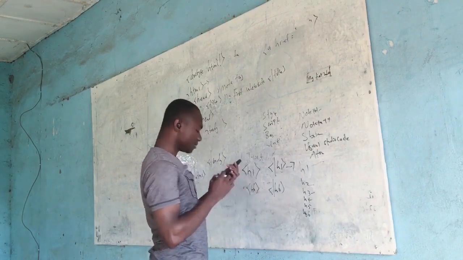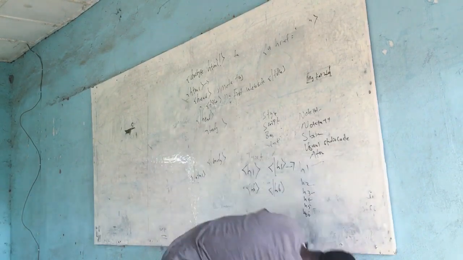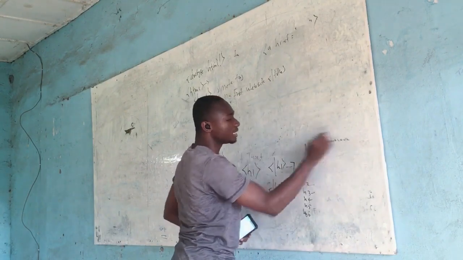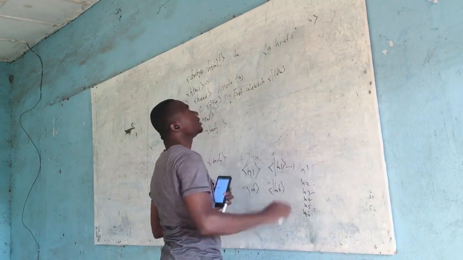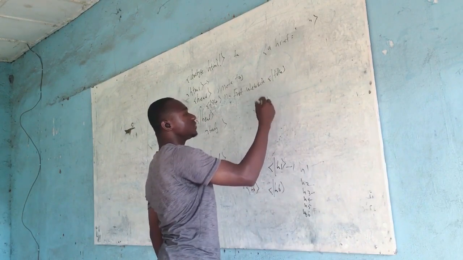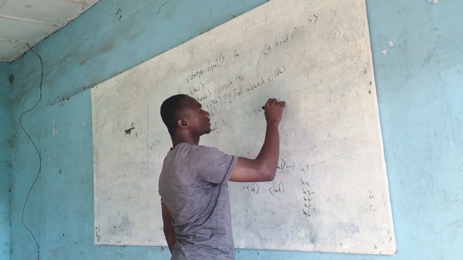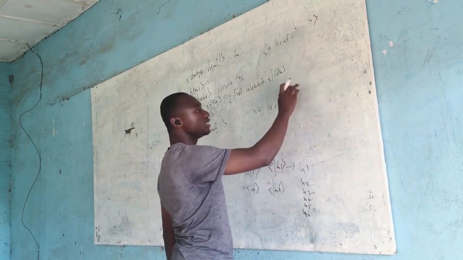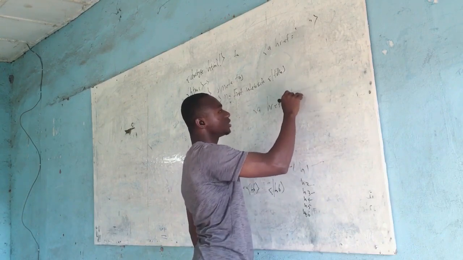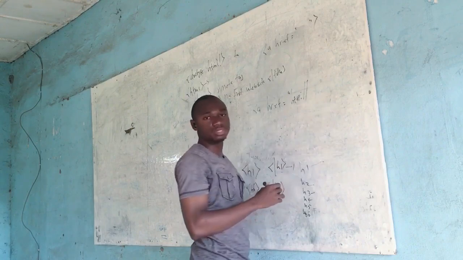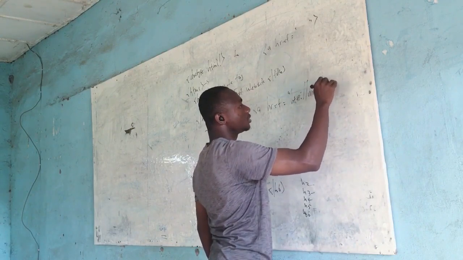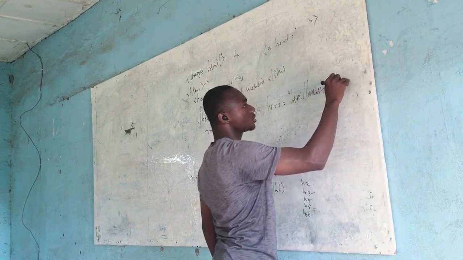For example, I want to link my website to facebook.com. How do I do that? I'll first of all insert the A tag like this. The href attribute, and in between the quotation marks I put my link, which is http://www.facebook.com.